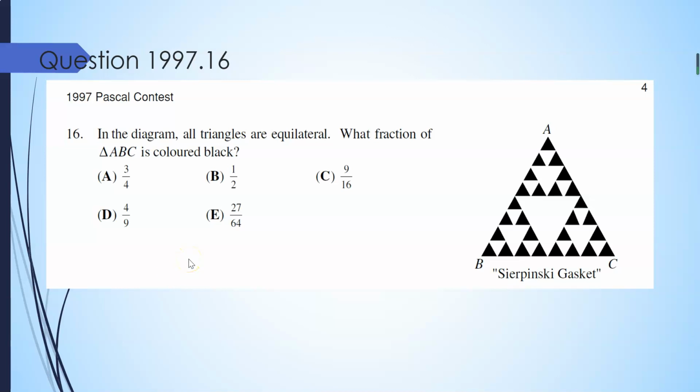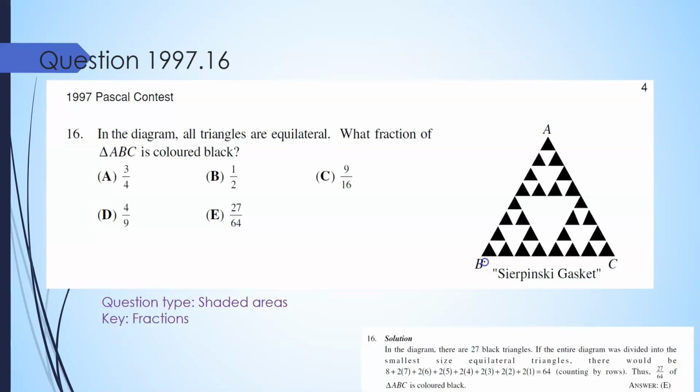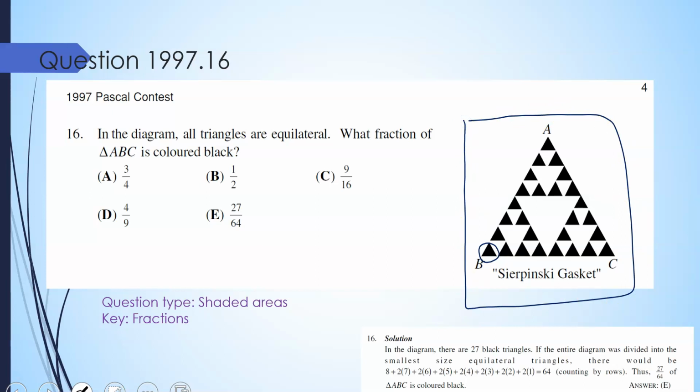So this question type is shaded areas, as we can notice from shaded area questions in the Pascal Contest math questions. One way to solve this question is the usual way to count how many black shaded triangles are there within this huge big triangle.